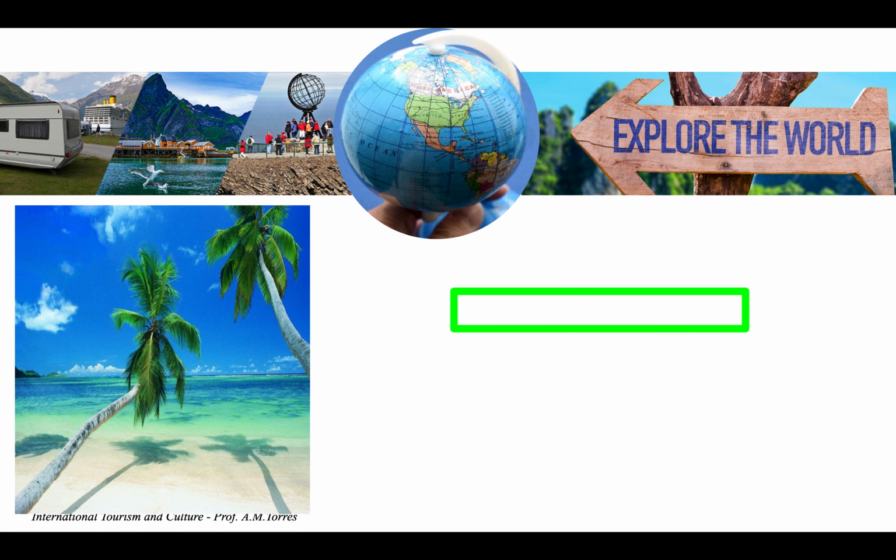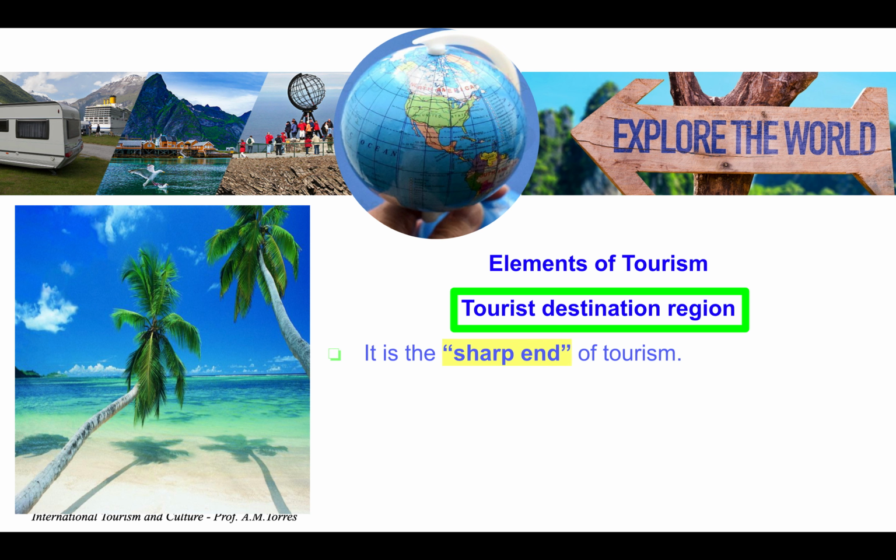Moving to another element, we have the tourist destination region. Okay, if we look at the word in the middle between tourist and region, we all know that this is where we are going to, our point of destination. It's considered the sharp end of tourism.